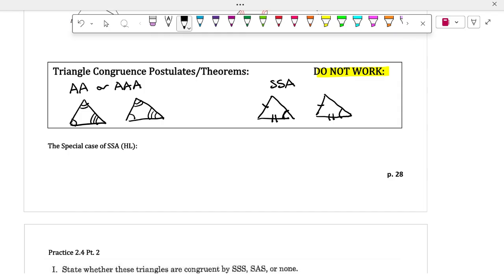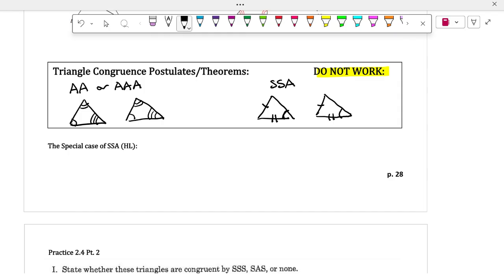A lot of times you can have one congruent angle in triangles, but depending on the length of these sides, even if these sides are congruent, even though this angle is congruent, since this angle is not connected to both of these sides at the same time, then the distance here could be anything, as long as it makes that triangle connect. All right? It's because this angle is not connected to both sides.